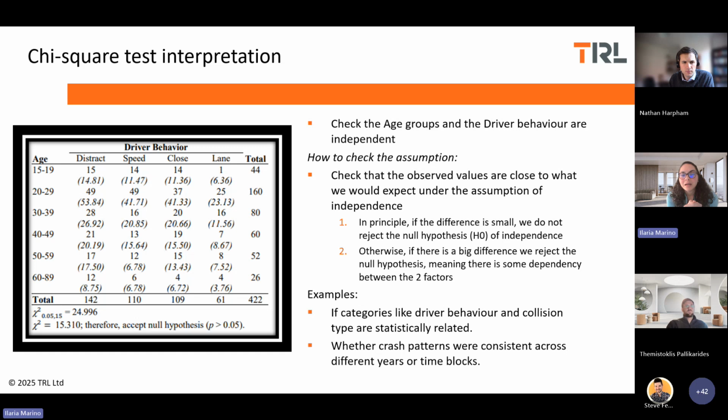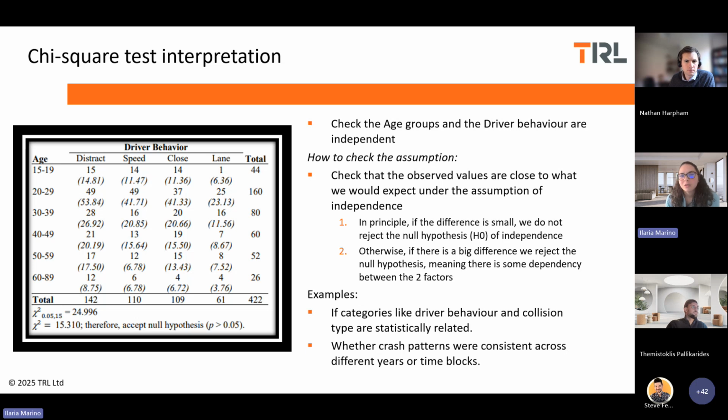The test checks how distant the observed values are from the expected values. If they are not distant enough, then we are under the assumption of no association. Otherwise, we may want to reject this hypothesis.